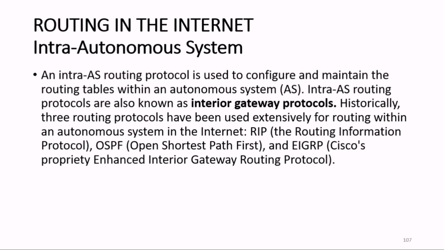Historically, three routing protocols have been used extensively for routing within an autonomous system in the internet. The first is RIP, Routing Information Protocol. Second, OSPF, Open Shortest Path First. And the third is EIGRP, which is Cisco's proprietary Enhanced Interior Gateway Routing Protocol.